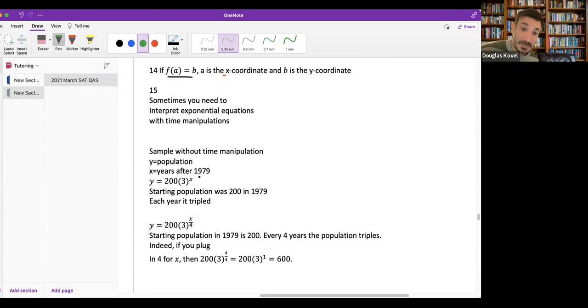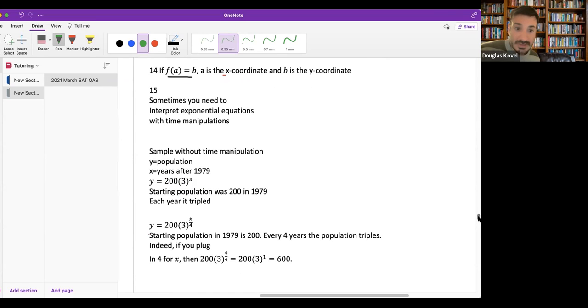So as we remember from number 13, our y-intercept's 200, which is our starting value. So that means my beginning population is 200. And then the b is our growth factor. So I'd interpret this as saying every year the population tripled. So this would just be a basic exponential equation word problem that doesn't have any time issues going on.